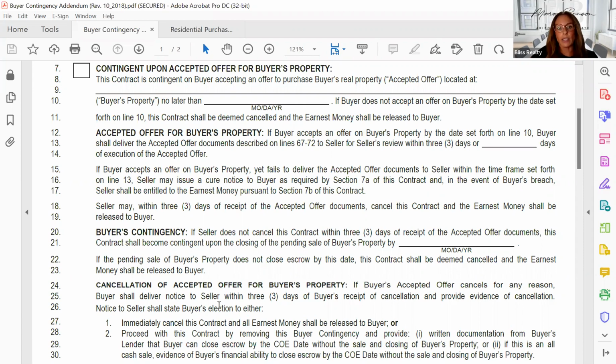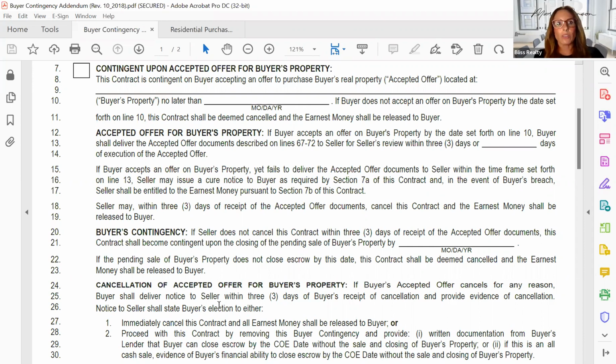I can write it in here, maybe 5 days or 7 days, maybe give me 7 days to remove my contingency. Most sellers though are not going to do that, so I don't really want to tamper with that. Most clients, if you can remove the contingency, great. If not, then maybe the house is not meant to be.